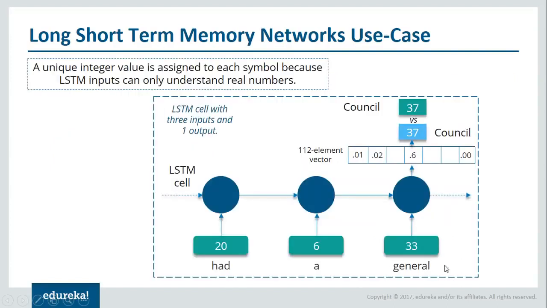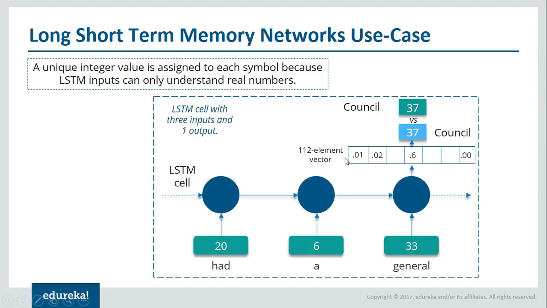All right. So our model will create a 112 element vector. Whenever I feed in the values, or you can say the words, it will see which element has the higher probability of coming next, right? And whichever word or symbol has the higher probability will be displayed as the output.